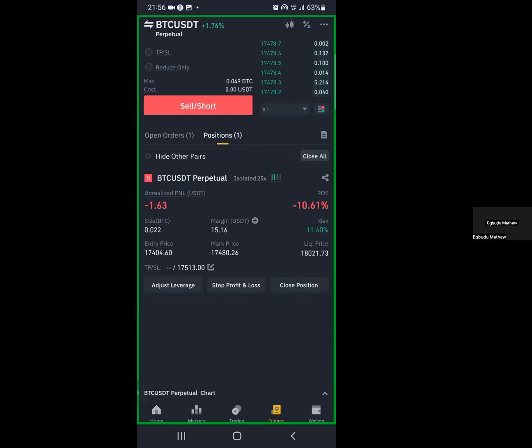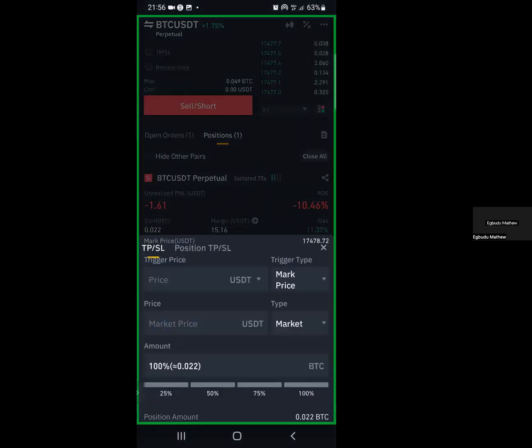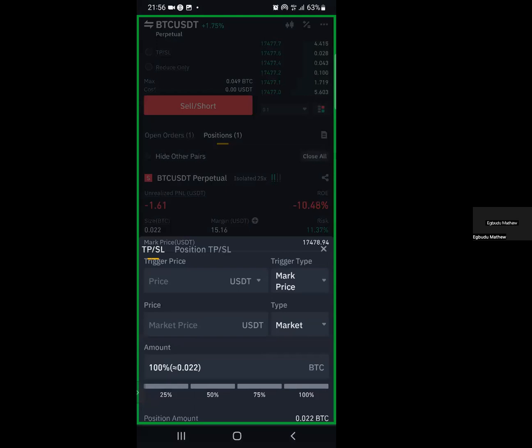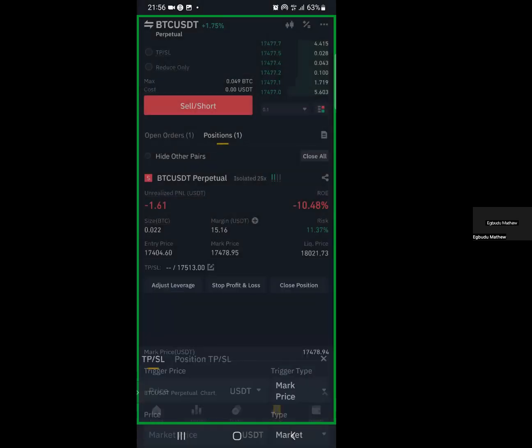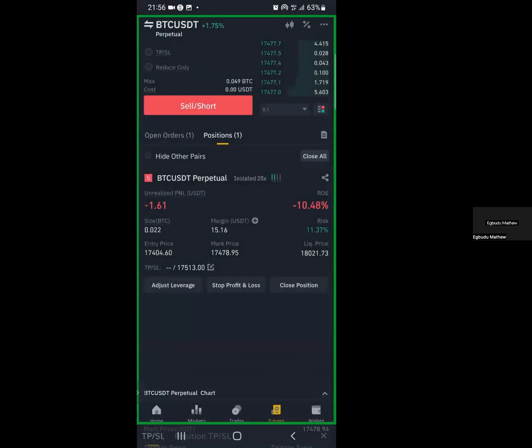And stop loss, okay, for a bearish signal, now it could be stop loss 17,800. All you need to do is come to your stop loss section. Oh, my phone is, my app is misbehaving.